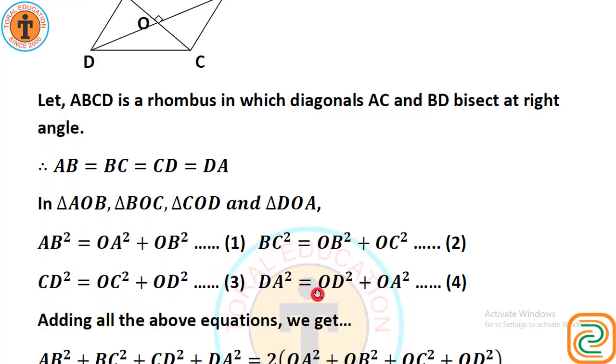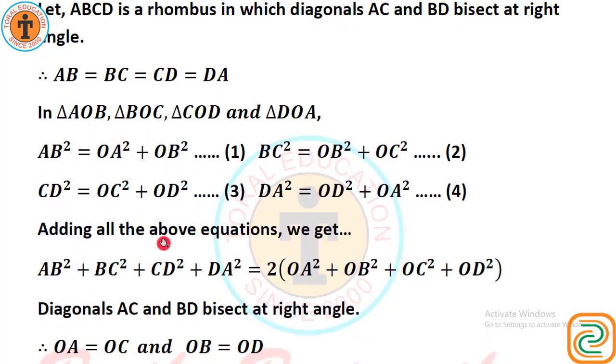If we add all the equations, what will we get? AB square plus BC square plus CD square plus DA square on the left. Then OA square, here also OA, therefore 2 into OA square. OB square, here also OB, so 2 into OB square. 2 is multiplied to all the sides.